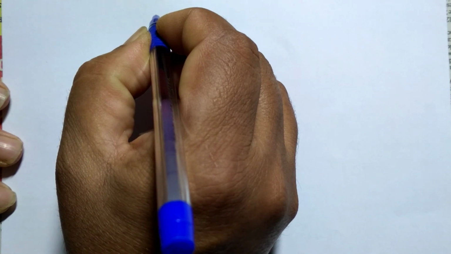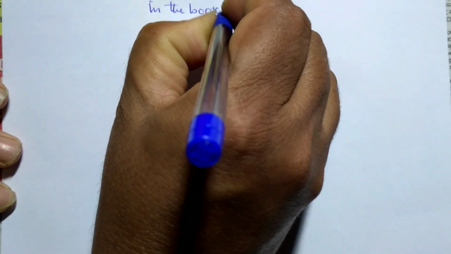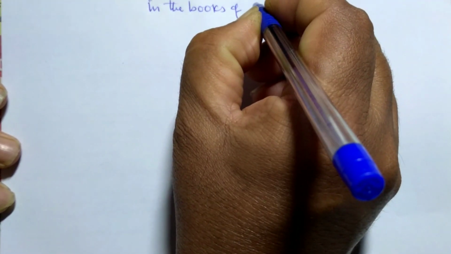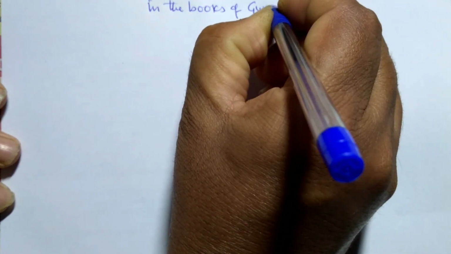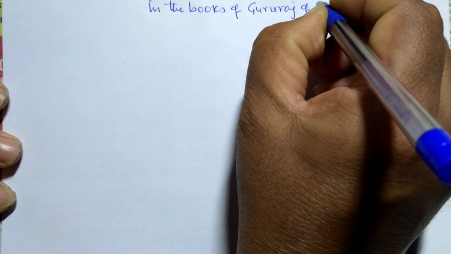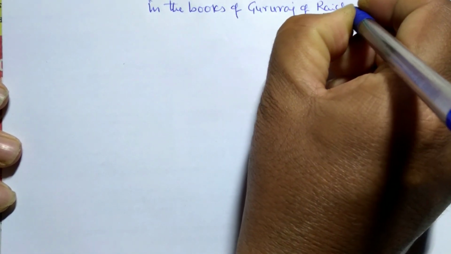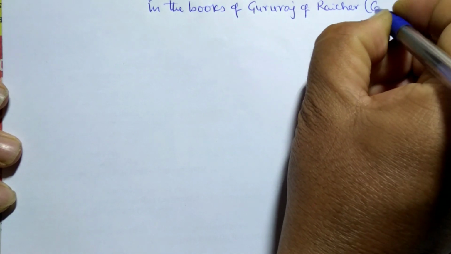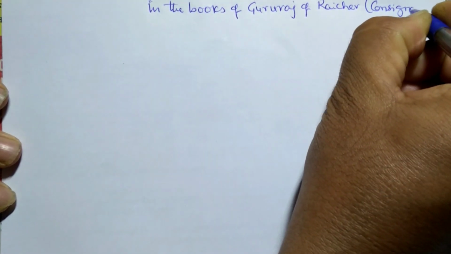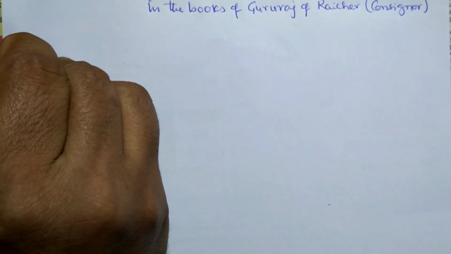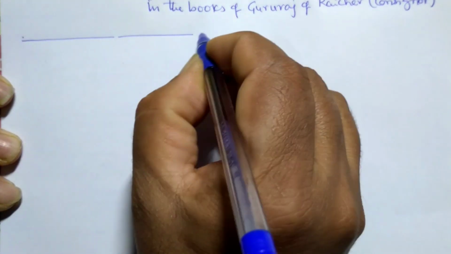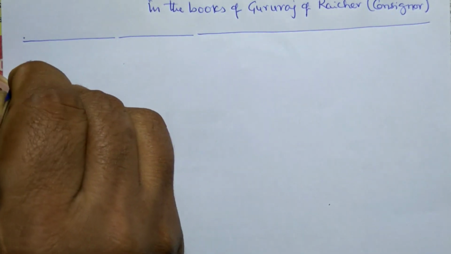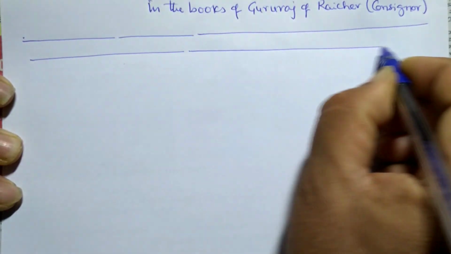Let us prepare ledger accounts in the books of Guru Raj of Raichur. He is the consignor. In his books, the first account prepared is the consignment account.